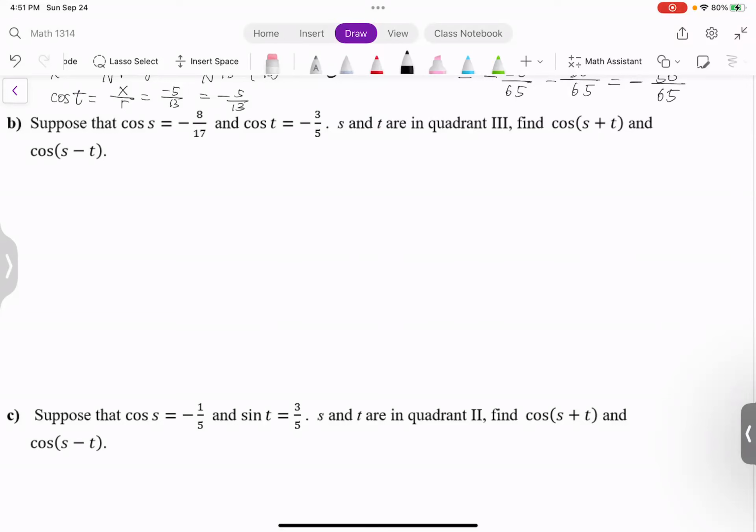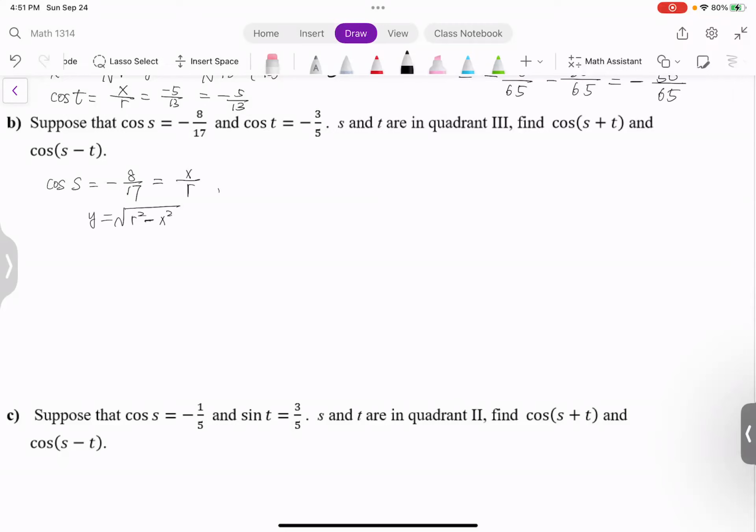So let's find sine s first. Cosine s equals negative 8 over 17. Cosine equals x over r. Can you find the y? The y equals the square root of r squared minus x squared.